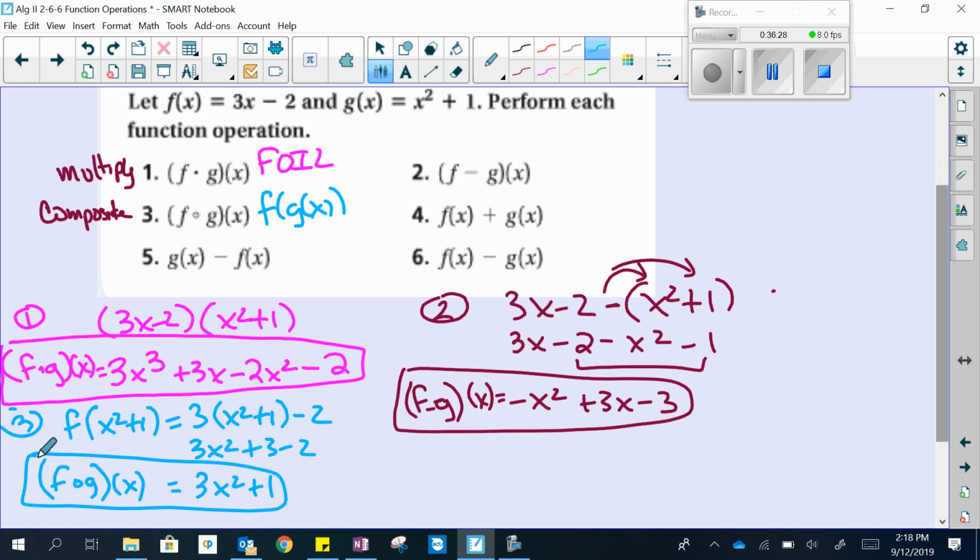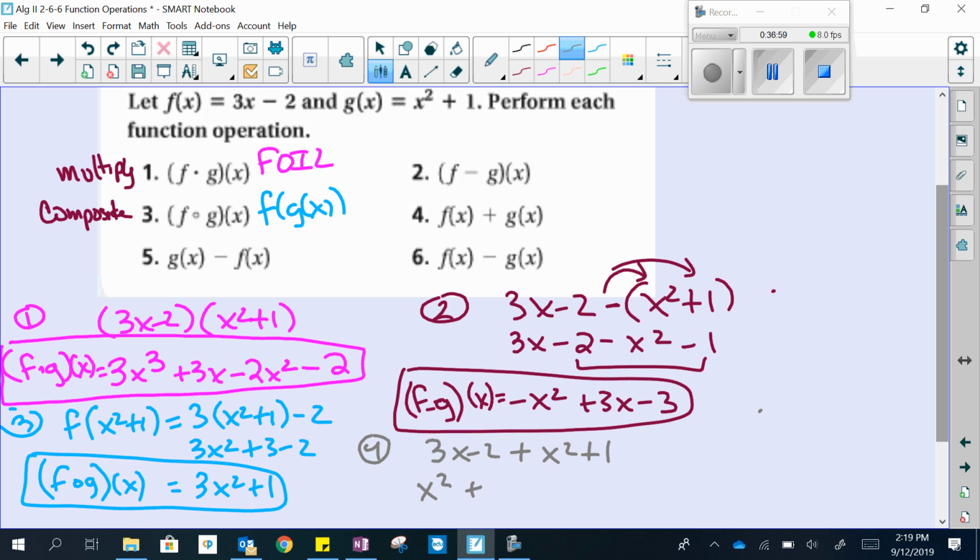Yeah. F plus g. Next one, number 4, is f plus g. All right, for f plus g, you're going to take the f function, 3x minus 2, and add it to the g function, x squared plus 1. You can put parentheses around, but it's not going to change any of the signs, so it's up to you. This is one of those ones where I'd probably put in standard form because I have an x squared, so I'd start with the x squared.